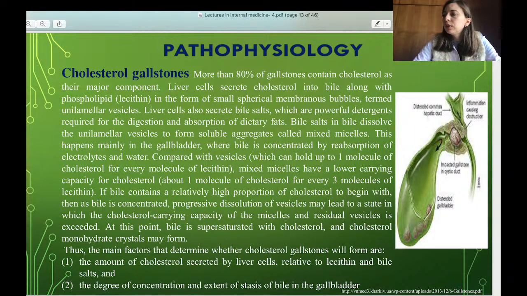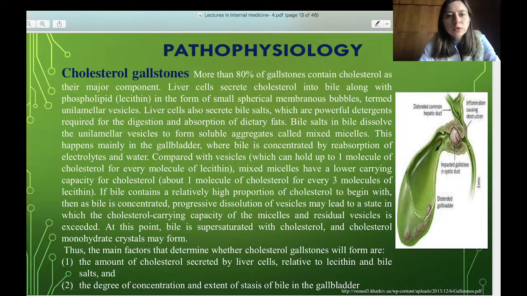And continuing about pathophysiology. Cholesterol gallstones. More than 80% of gallstones contain cholesterol as their main component. Liver cells secrete cholesterol into bile along with phospholipids in the form of small spherical membranous bubbles termed unilamellar vesicles.